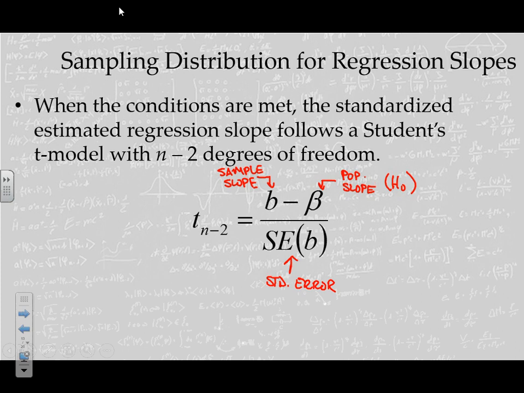So what that means, when we set up our null hypothesis, if we have no linear relationship between the variables, our slope should be 0. It should be a completely random scatter with no direction to our line. So our null hypothesis is always going to be that beta equals 0. We're always starting off assuming there's not a relationship. We will only conclude that there's a relationship if we find enough evidence to reject that null.